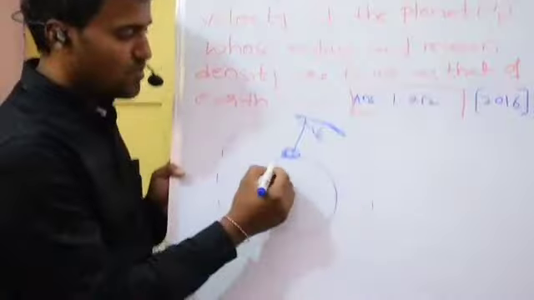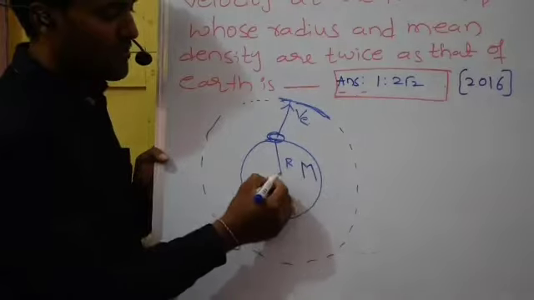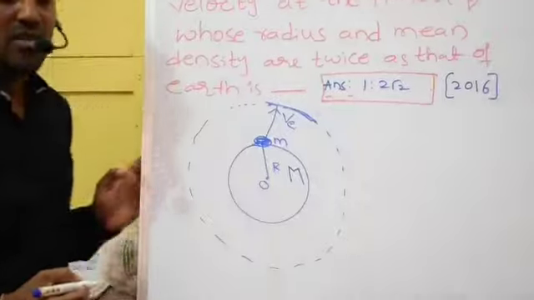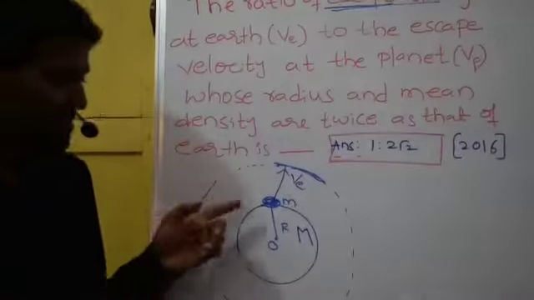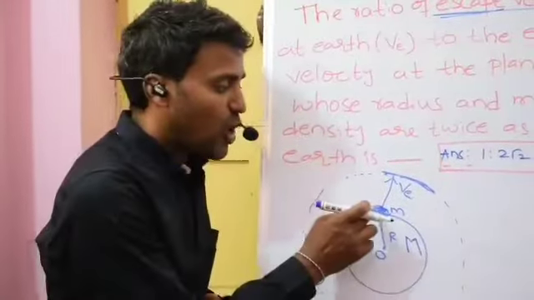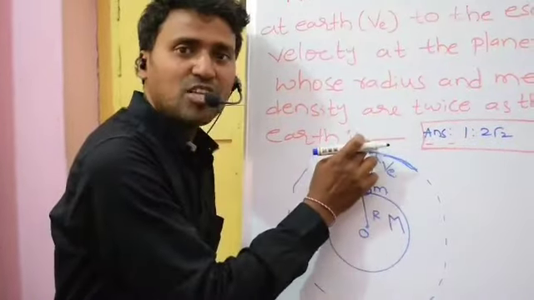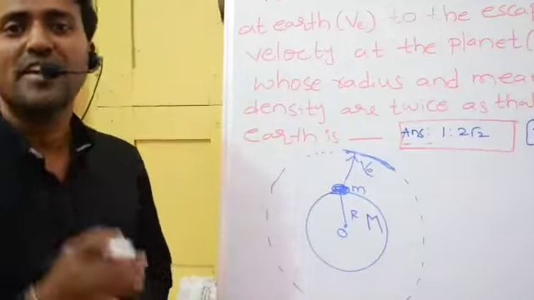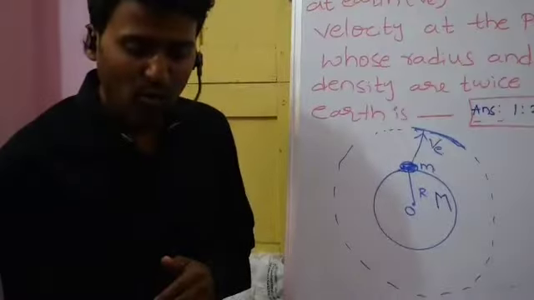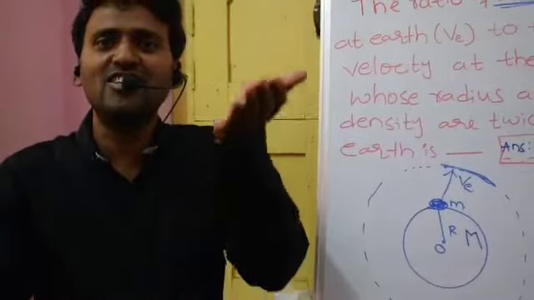Now, this is the mass of the Earth M and the radius of the Earth R. The center of the Earth is O, and the mass of the block is small m. If you observe this diagram, one object is going upward. When the object is going upward, its kinetic energy is decreasing, its velocity is decreasing, and its potential energy increases.